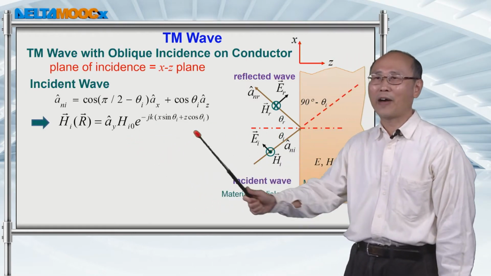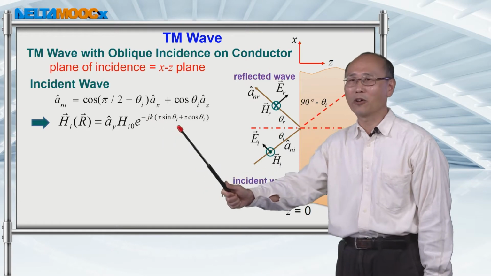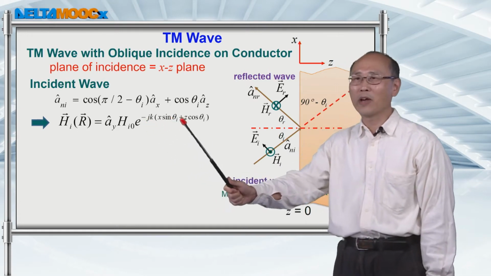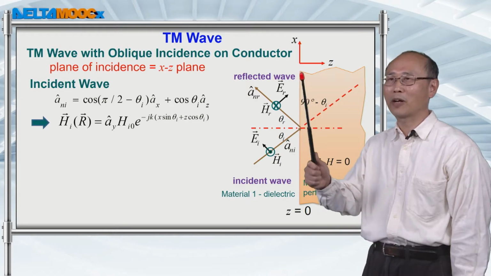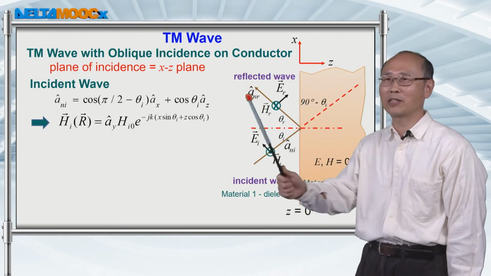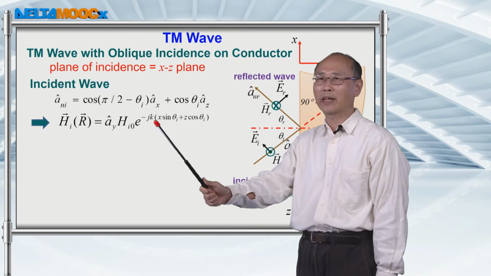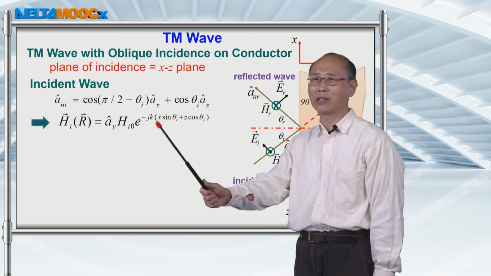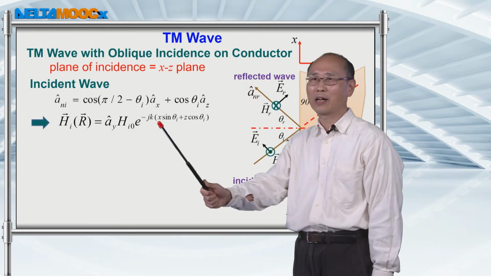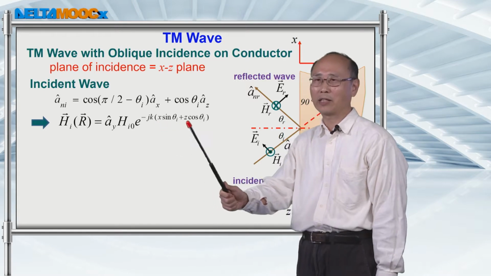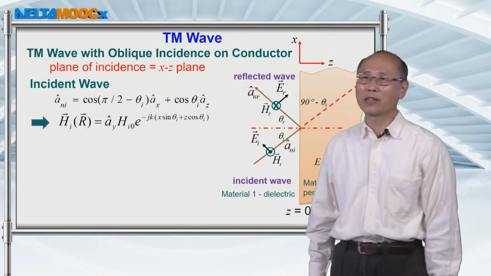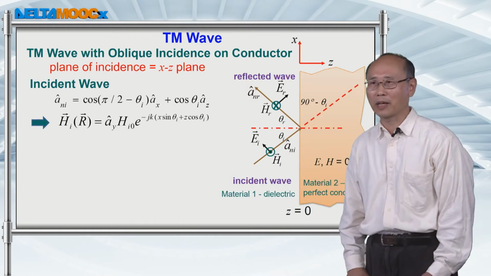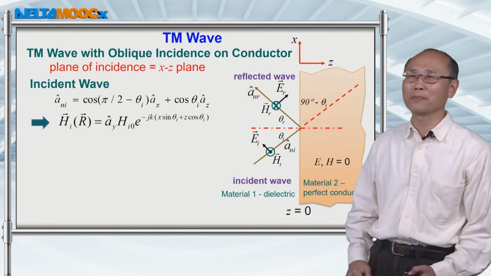And in fact, from this side, you can also see that the wave propagates with a component along plus x direction and plus z direction, because you have minus jkx right here, telling you the direction is along plus x direction. And then you have minus jkz here.